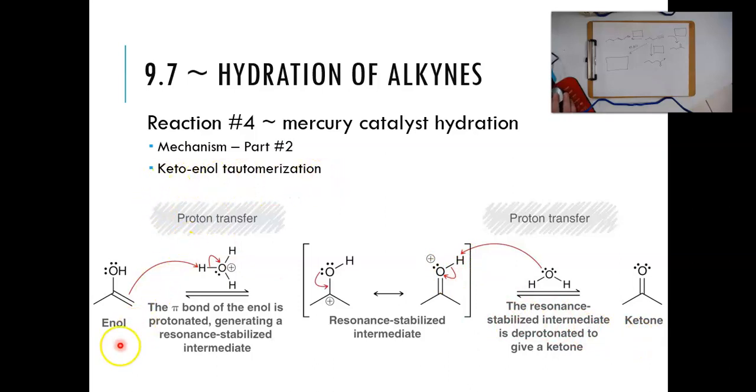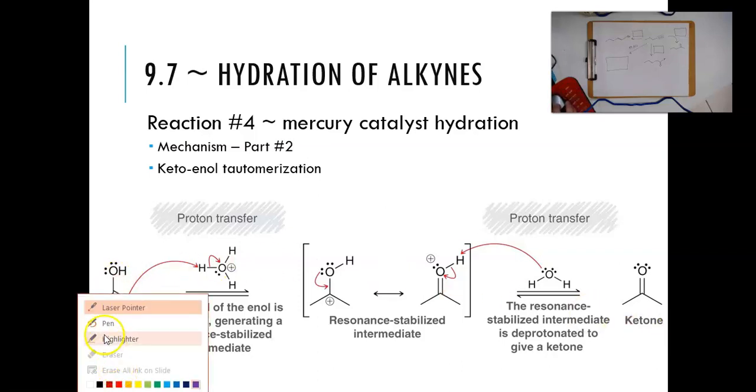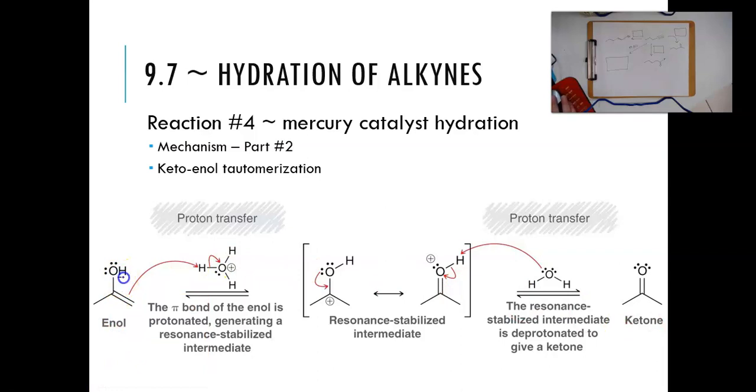keto-enol isomerization. The enol and the ketone are tautomers of each other, so again, this falls into that tautomers are constitutional isomers that can be rapidly interconverted by just a proton transfer. Really, we're taking the proton or the hydrogen that is right here, and it is now attached to one of our end carbons, so meaning this carbon right here.